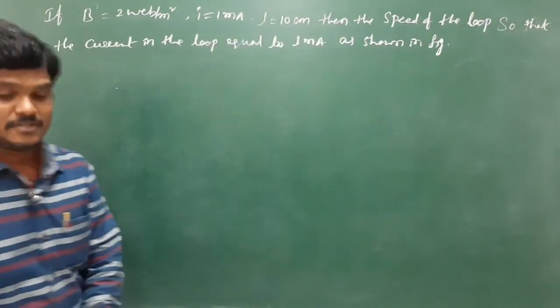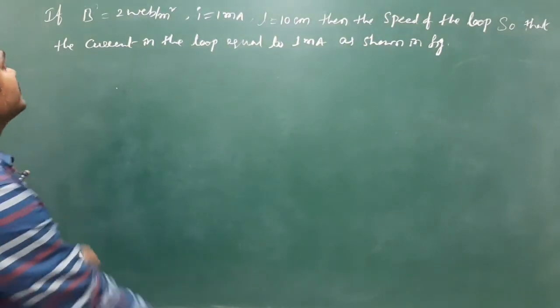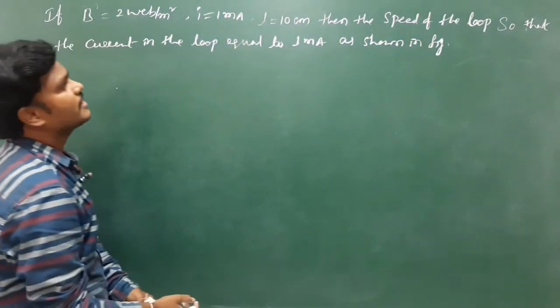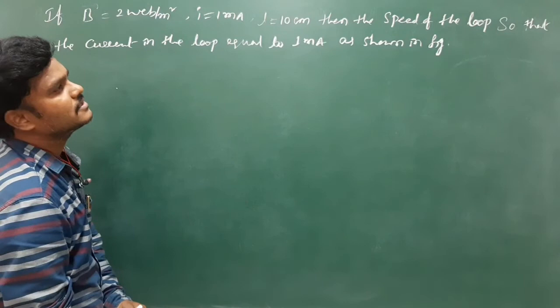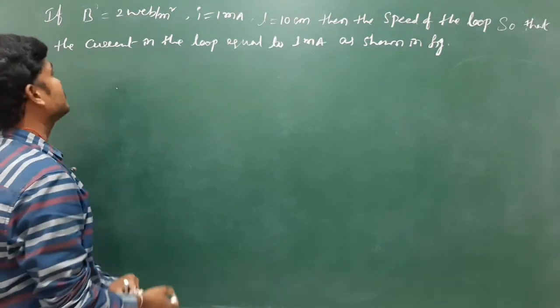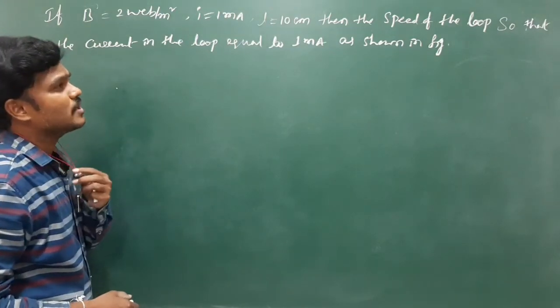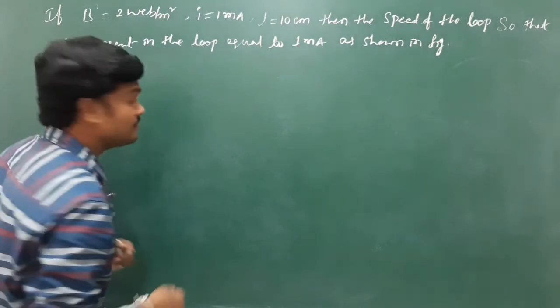See the question. They given magnetic field, current and length, and the speed of the loop, so that the current in the loop is equivalent to 1 milliampere as shown in figure.